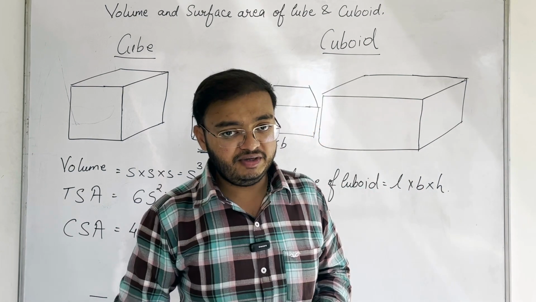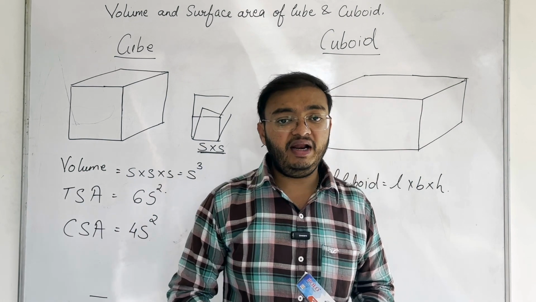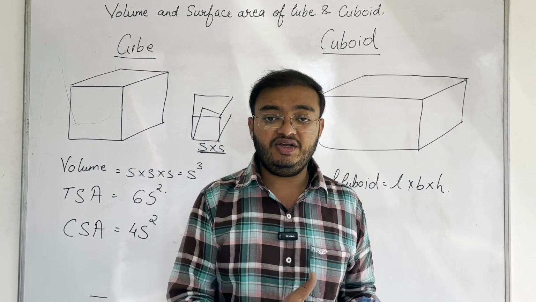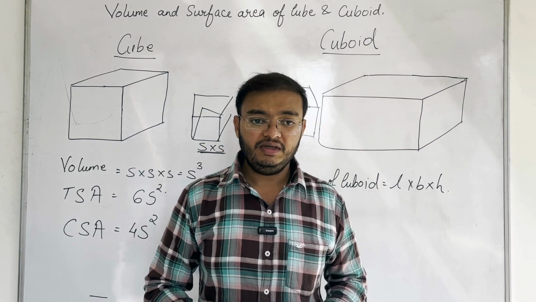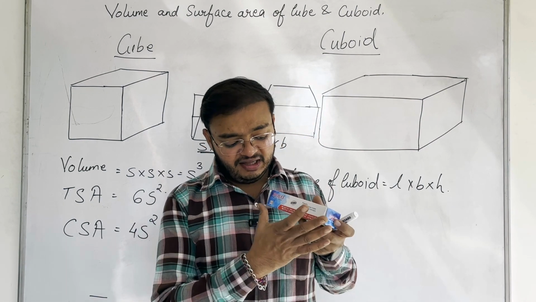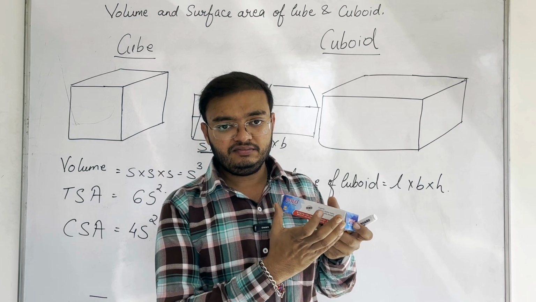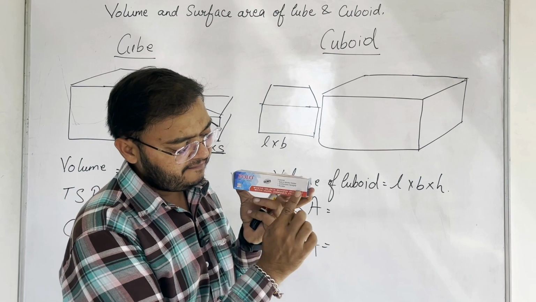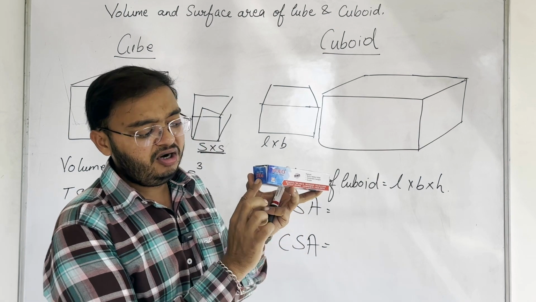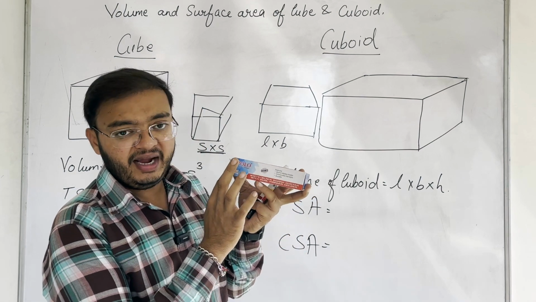What is the difference over here? Over there in the cube we were having all the sides same, but in the cuboid we don't have because it is generated from a rectangle. If I only see the front portion of the cuboid, this is my length, this is called my breadth, and this is called my height.